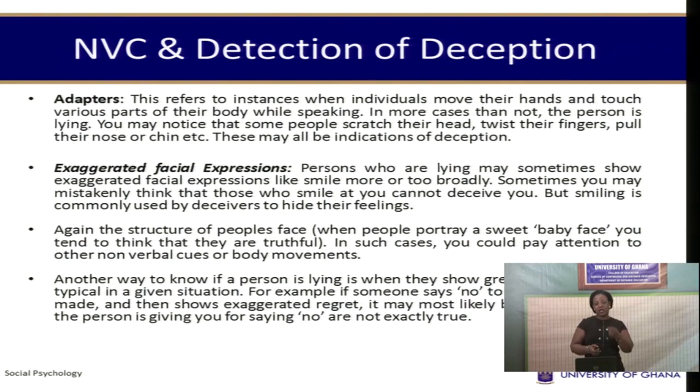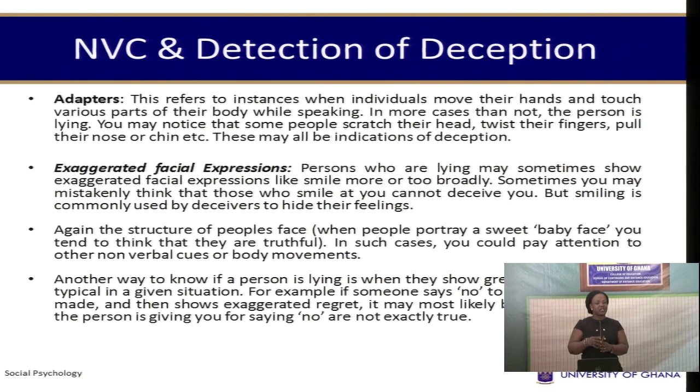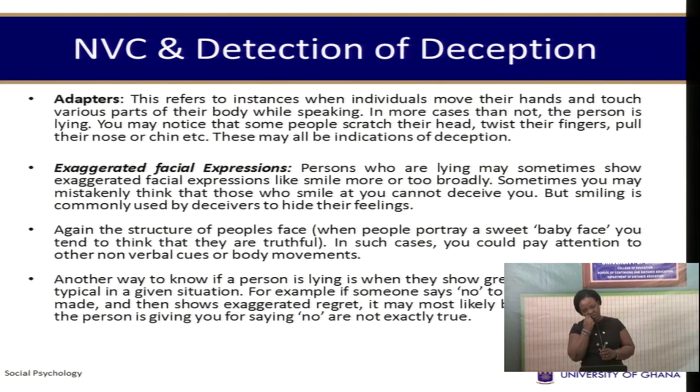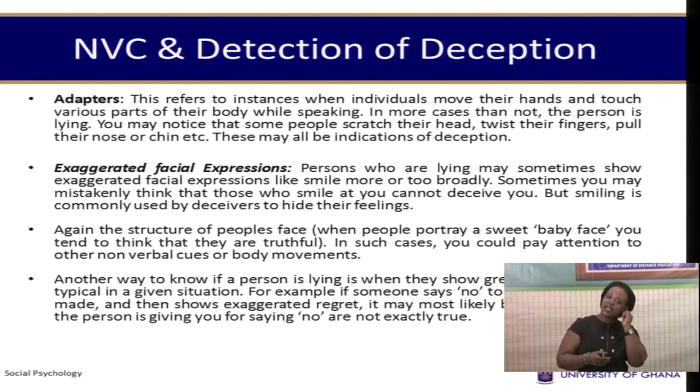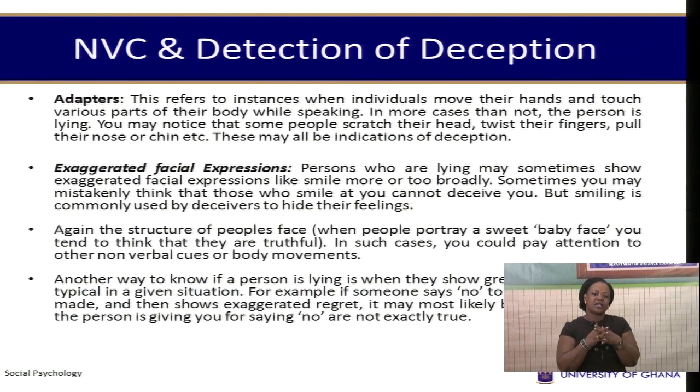Then we talk about adapters. That can also help you detect deception. And these simply refer to the situations where people move their hands to touch various parts of their body. So like we said, the person is perhaps pulling at his beard or playing with his mustache or playing with her ears, playing with her fingers, trying to scratch the hair or pull at the hair.